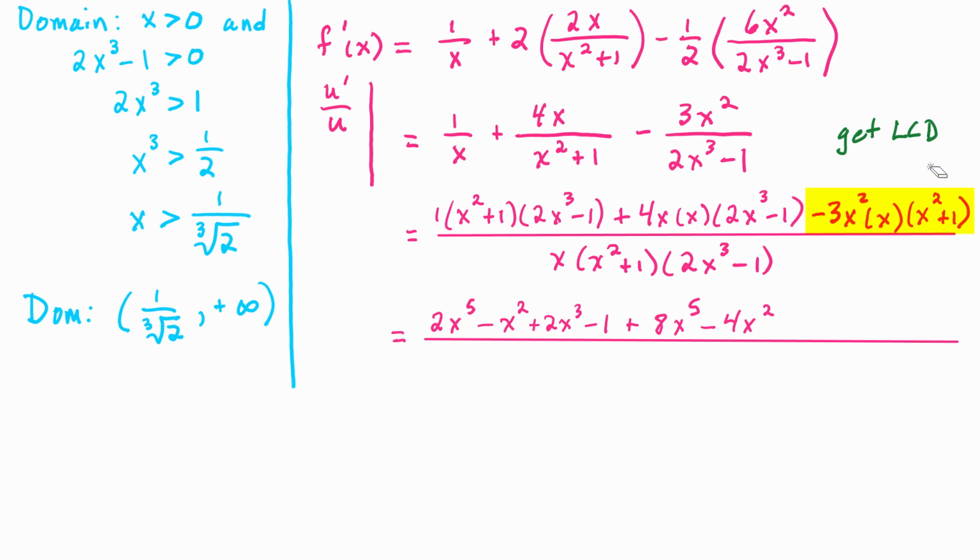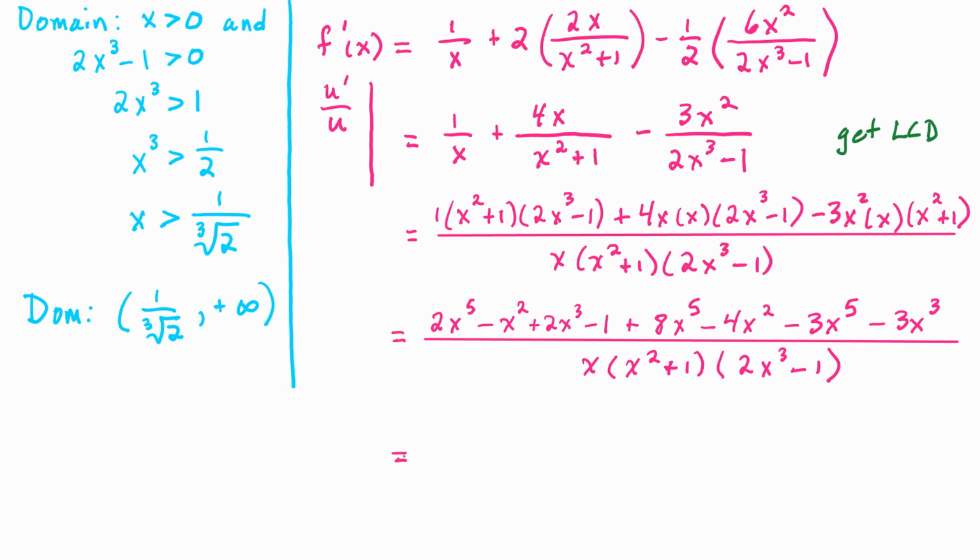From this third term, we have a negative 3x cubed times x squared, so we will subtract 3x to the fifth, and then negative 3x cubed times 1 means we will subtract 3x cubed. Our denominator stays the same, x times quantity x squared plus 1 times quantity 2x cubed minus 1.